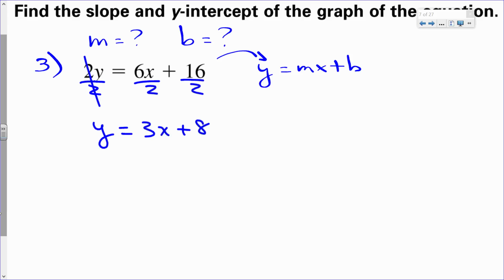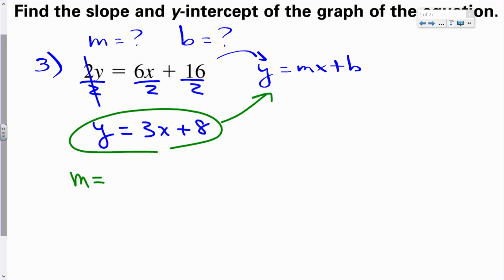Now we're in business. It's starting to look like that now. Now I can identify my slope and my y-intercept. My slope would be 3, whatever's in front of x. My y-intercept is 8. We're done. Excellent.